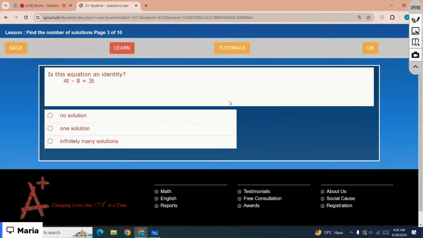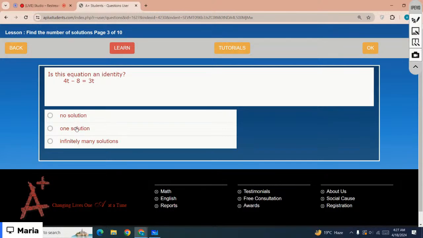Is this equation an identity? The correct option is the solution.